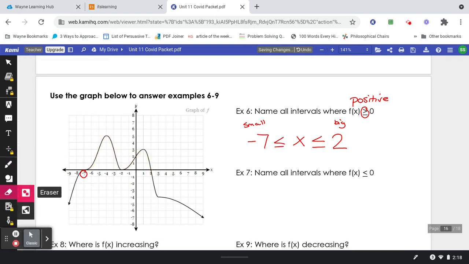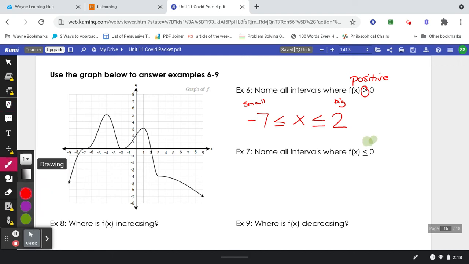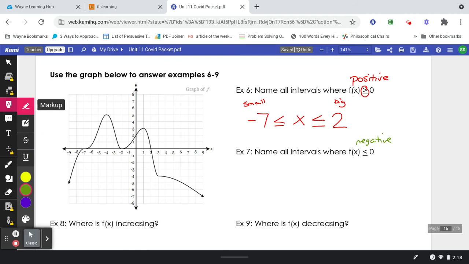All right. For the next question, they ask us where things are negative. So where is something negative? Remember, negative means below the axis. So that would happen in this section.